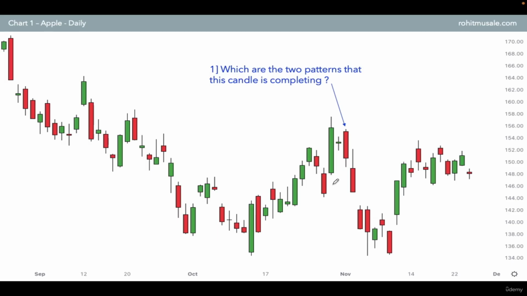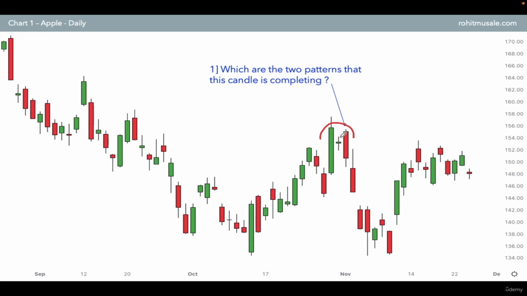So coming to the answers, which are the 2 patterns that this candle is completing? So the market is going up here. Very obvious thing is, first it's a bearish engulfing pattern, and the second is it's completing a variation of an evening star. The close of this candle is below the midpoint of this prior green real body.